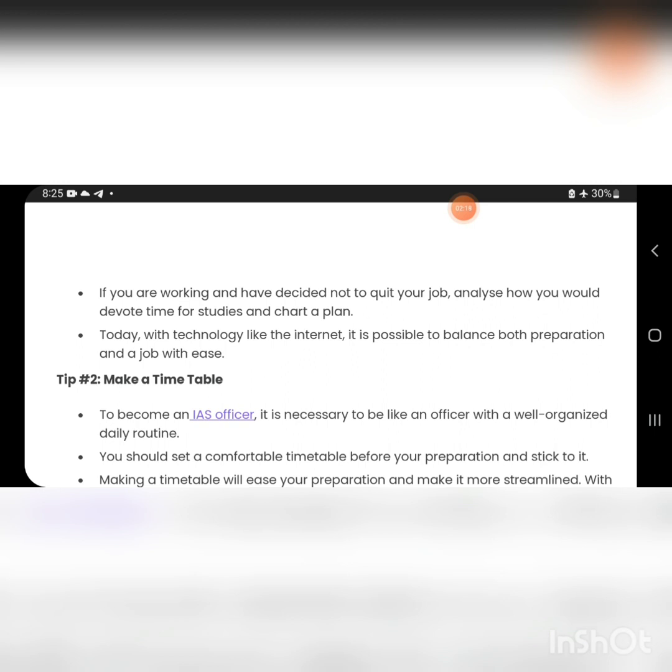Today, with technology like the internet, it is possible to balance both preparation and a job with ease. Your consistency will help you, your time management will help you, use the internet positively, only and only positively. Even social media, we have search engines, even the use of artificial intelligence.